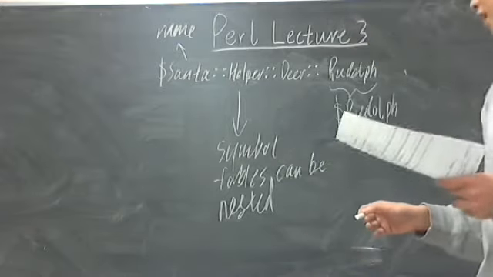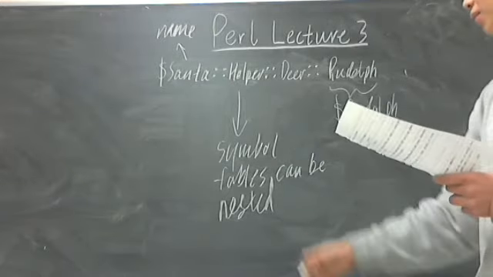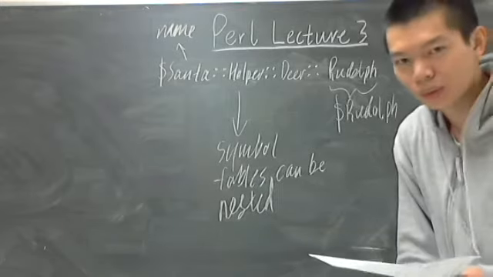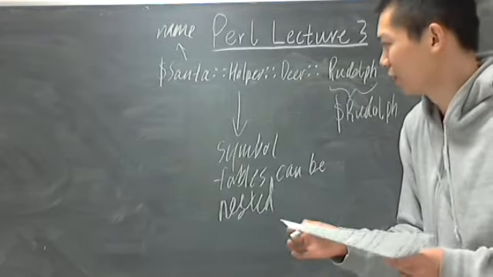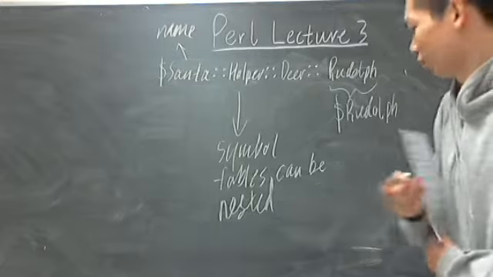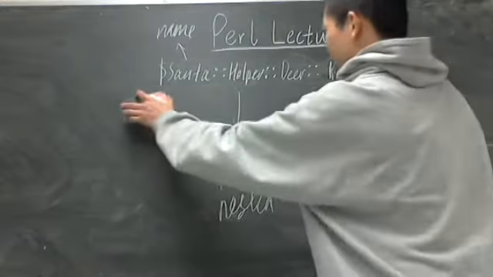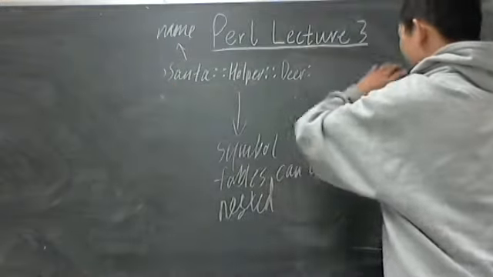And the symbol tables can be nested, right? But if you want to just name all the symbol tables at once, then what we can do is erase this, erase this.